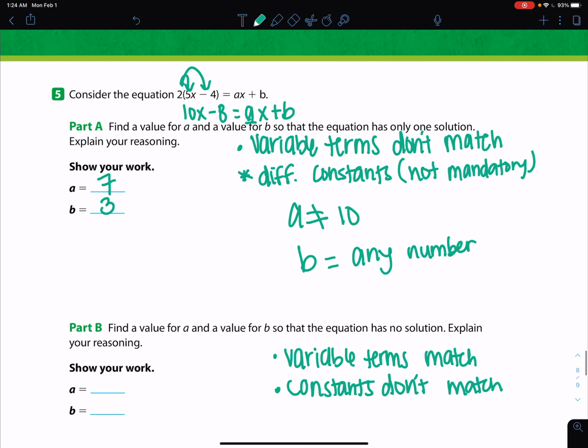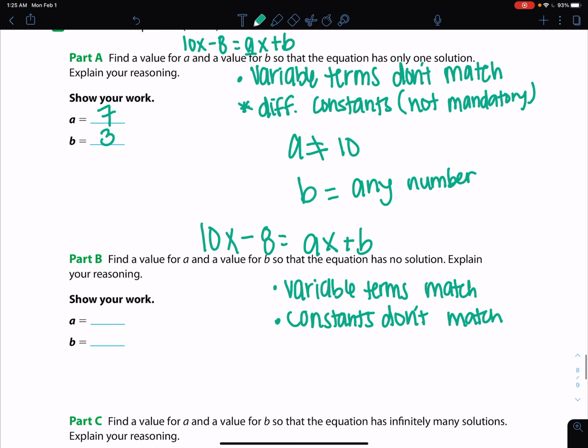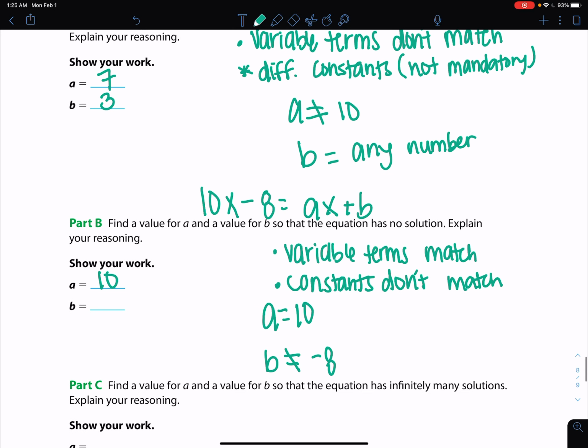Okay, so when I write down what I had again, variable terms have to match, meaning A has to equal 10, but B cannot equal negative 8. So my A has to equal 10, but B just can't be negative 8, so I can choose any other number I want.